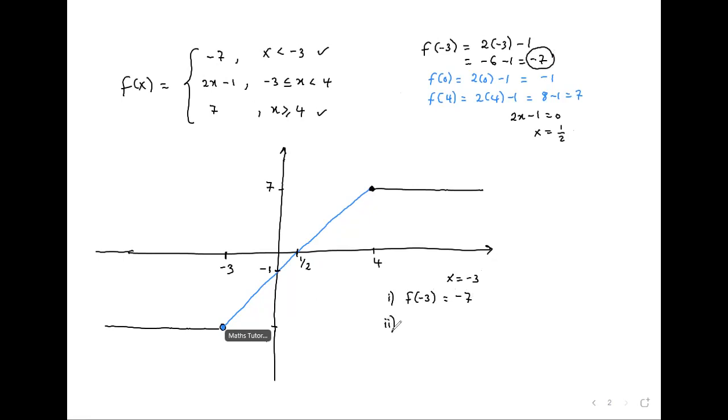Then we check for the limit as x goes to -3 from the left of this function. So I'm going to use this line, which is -7. So we'll get -7. We also get the limit as x goes to -3 from the right. From the right, we are using the middle part, which is 2x minus 1, which is 2 times -3 minus 1, which is -7. So we'll get -7 again.